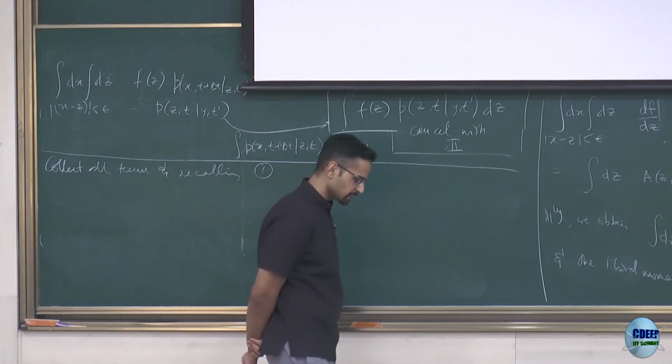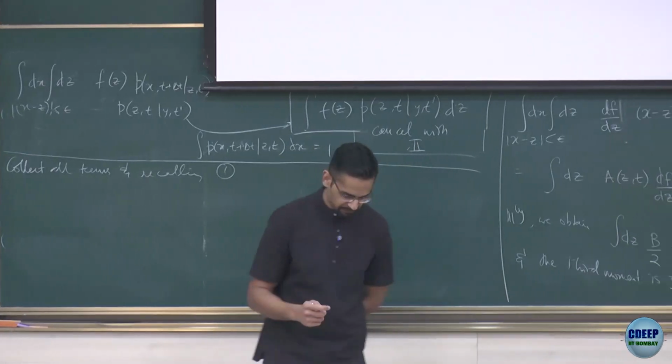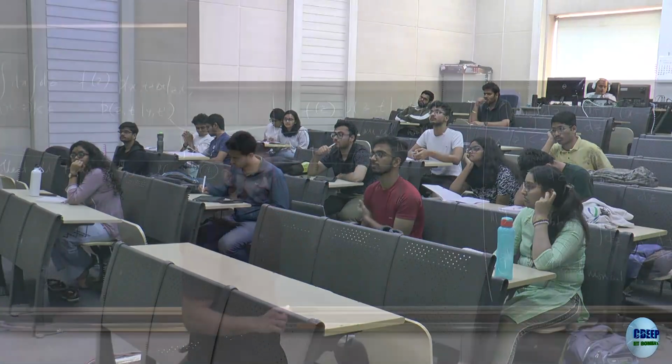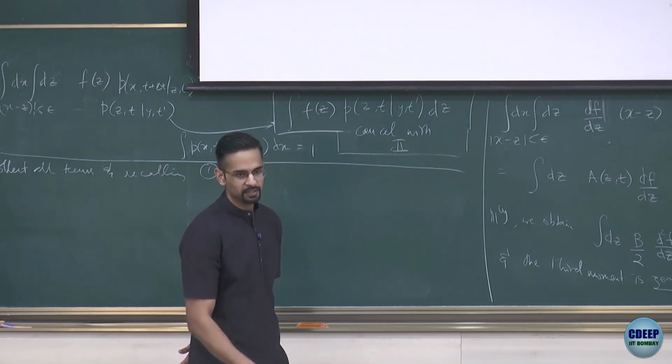In the end it doesn't matter, but I'm trying to see how to convince you all. So if I say that I have a function f of x, and I want to know it at x plus x prime. Let's say I have a function of z, I want to find its value at z plus delta z, and z plus delta z is x.